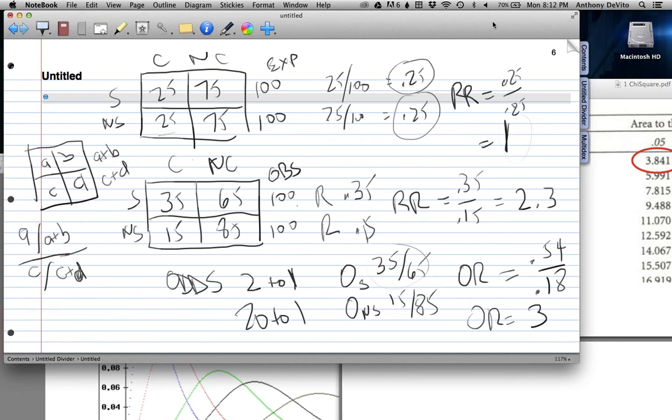The odds ratio, odds are represented differently. If you were to roll a dice, there are 6 possible outcomes, 1 through 6.